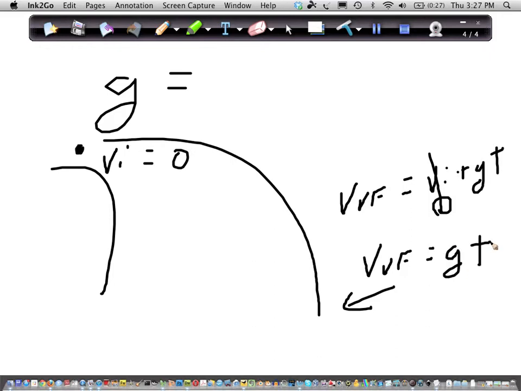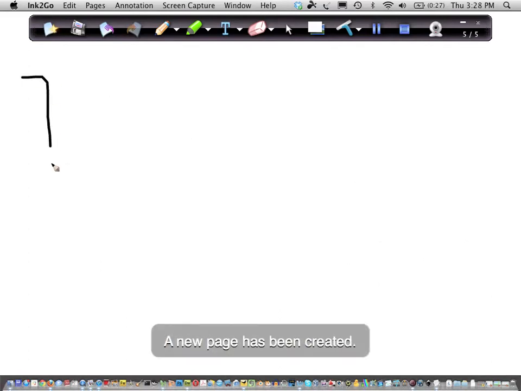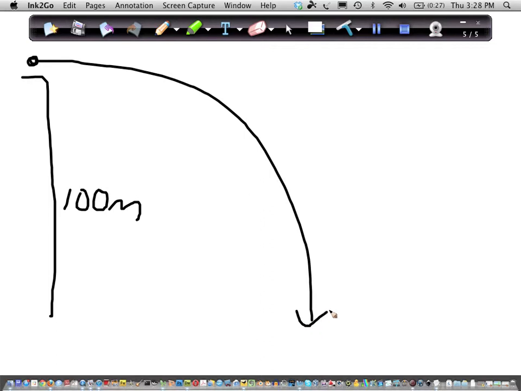So when we look at a problem like this, we're going to say that we have a 100-meter cliff and an object going straight off the cliff and coming to the ground. And the object has a velocity of 10 meters per second. Now that's obviously in the horizontal direction.